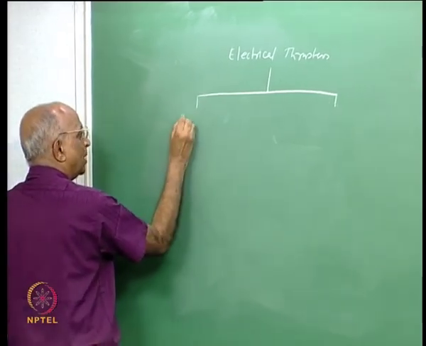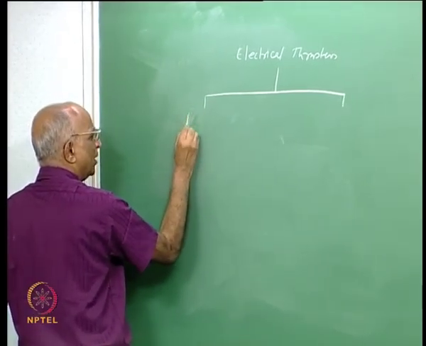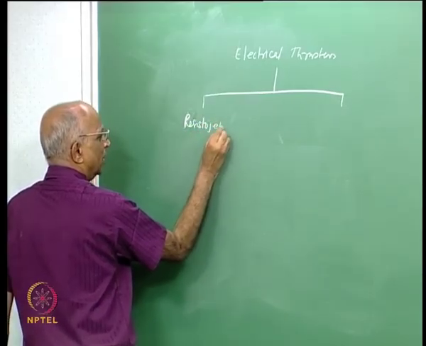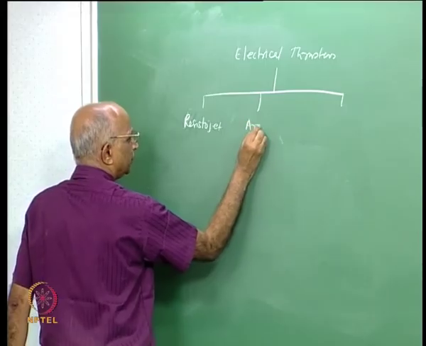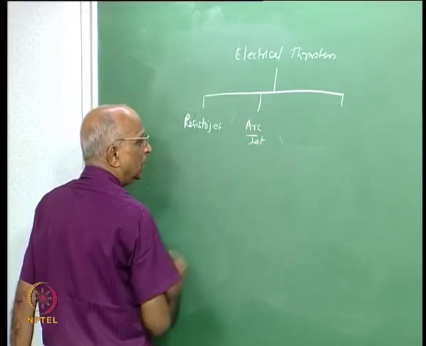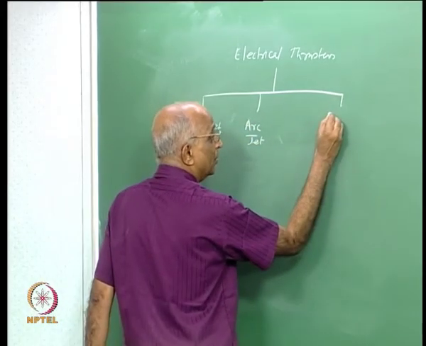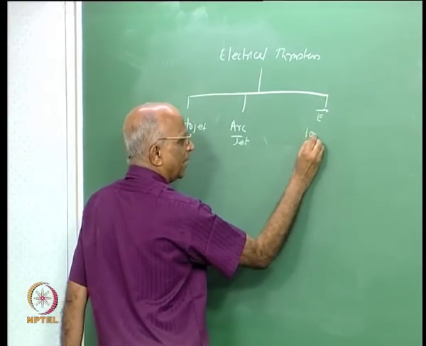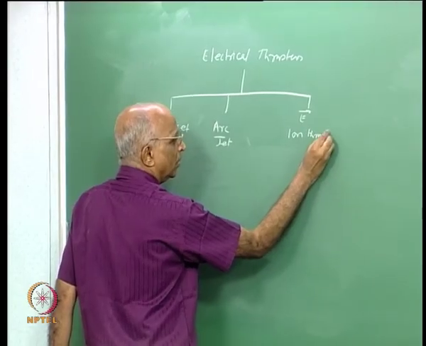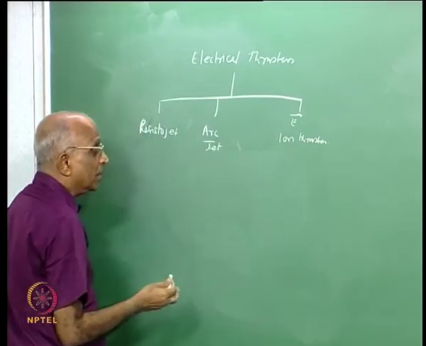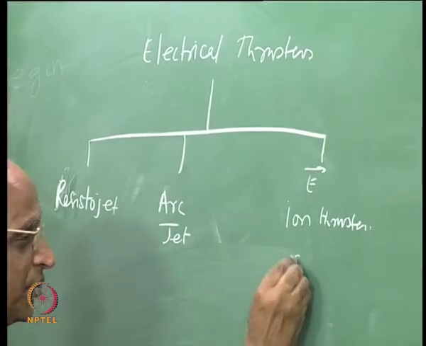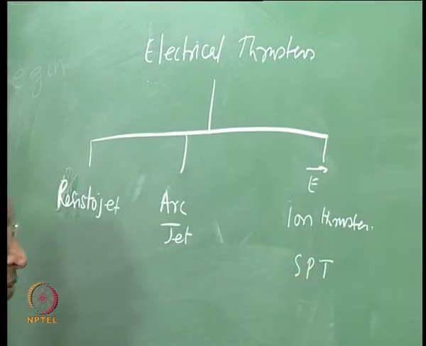It could be something like a resistojet, using electrical resistance. It could be an arcjet. Then it could also use the electrostatic principle, in which case it could be an ion thruster. It could also be a derivative of, let us say, the ion thruster, I get the stationary plasma thruster or Hall effect thruster.